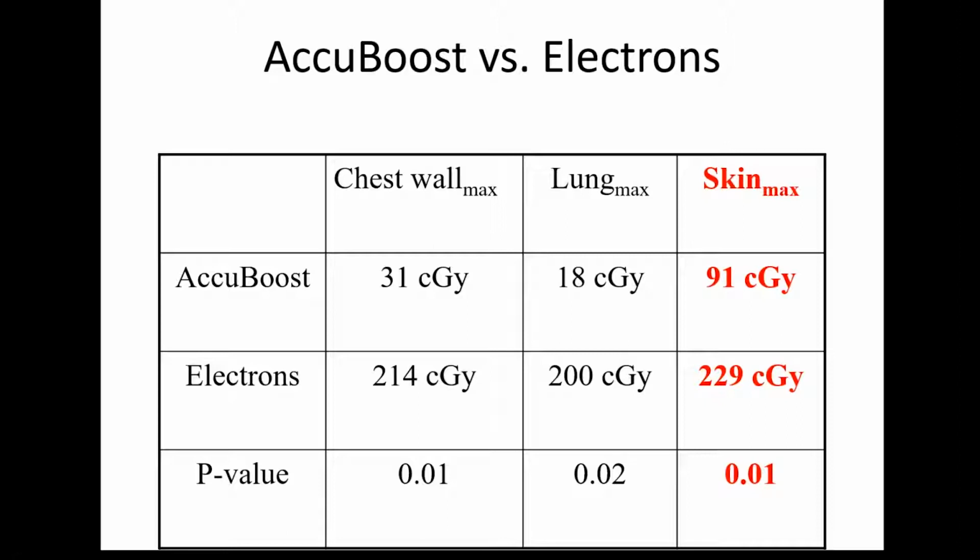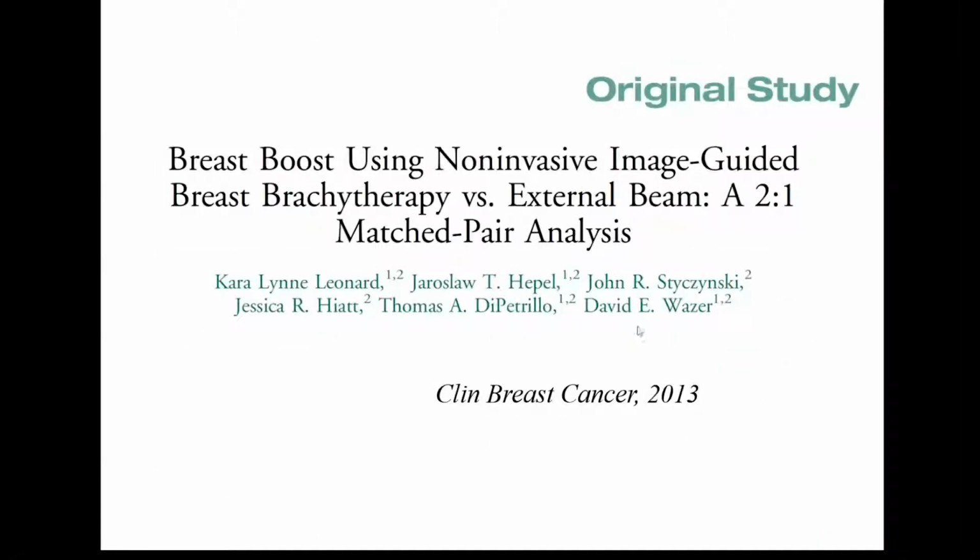The skin dose is actually significantly less with AccuBoost as compared to electrons, about a third of the maximum skin dose seen with electrons. And this, as I'll show you in some clinical data, really has had significant consequence in the patients that we've studied. So looking at these dosimetric advantages, we did a matched pair comparison of a large data cohort looking at electrons versus AccuBoost, or non-invasive image-guided breast brachytherapy. Next slide.